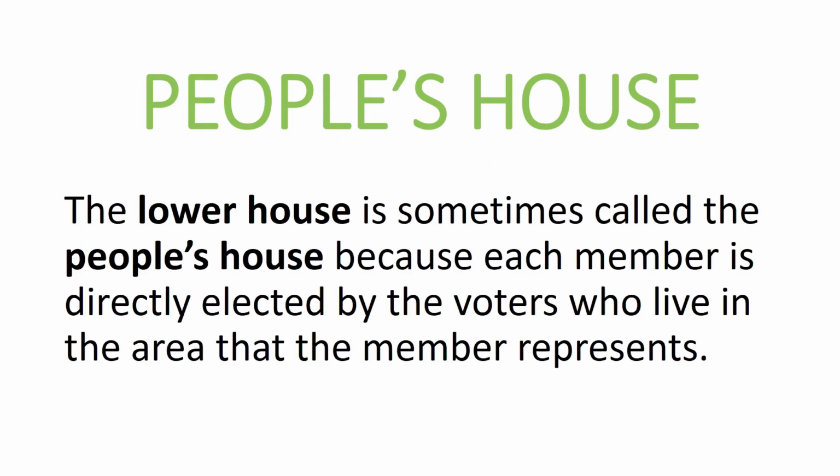You might also remember that we said that another name for the House of Representatives and the Legislative Assembly is the People's House. This is because members of these houses are directly elected by the voters who live in the area that those members represent.